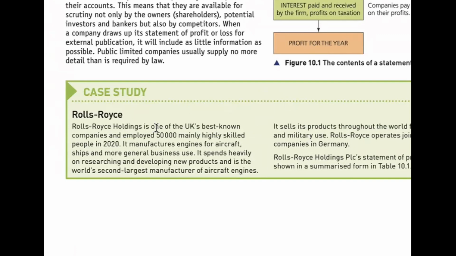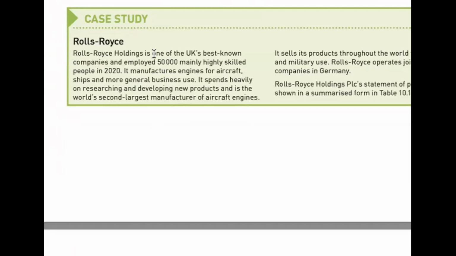So let me read. It says that Rolls-Royce Holdings is one of the UK's best known companies and employed 50,000 mainly highly skilled people in 2020. It manufactures engines for aircraft, ships, and more general business use.